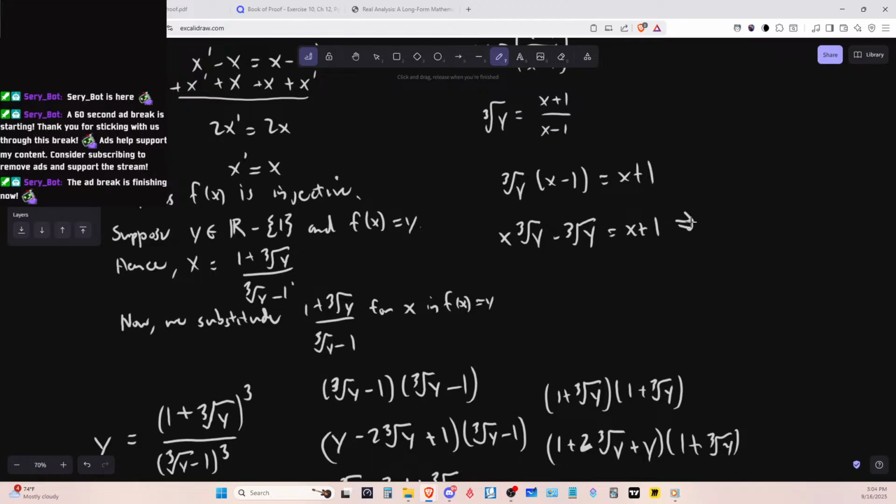Then this would lead us to x minus x here. Then that also would equal plus 1. Yeah, because this is minus, so it would have to go to this side. And then minus 1.